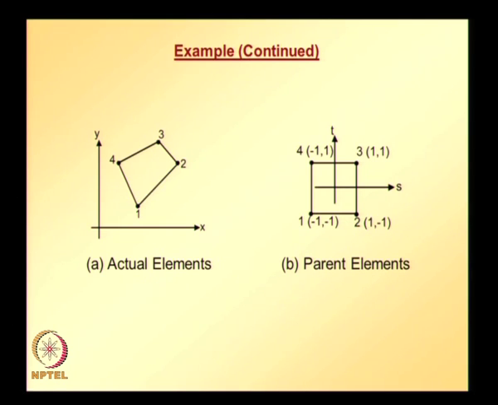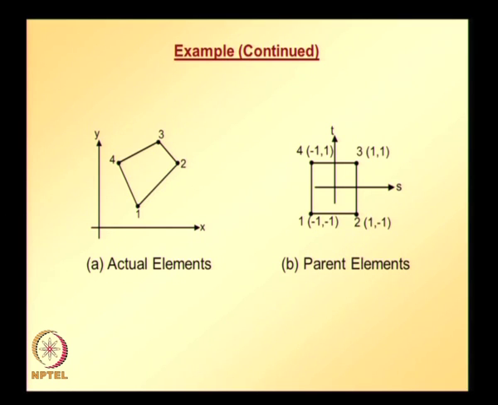The element shown in figure A is mapped onto the parent element which is shown in figure B. The square element shown in figure B is used as a parent element for the actual element shown in figure A. Mapping from xy coordinates of the actual element to s and t coordinates is given by shape functions written in terms of the parent element.